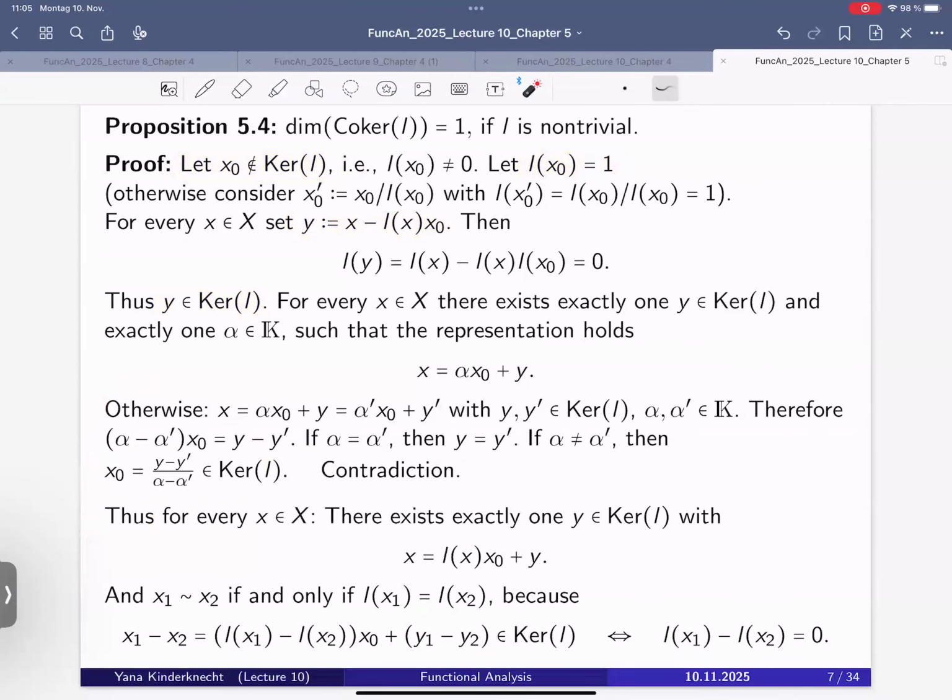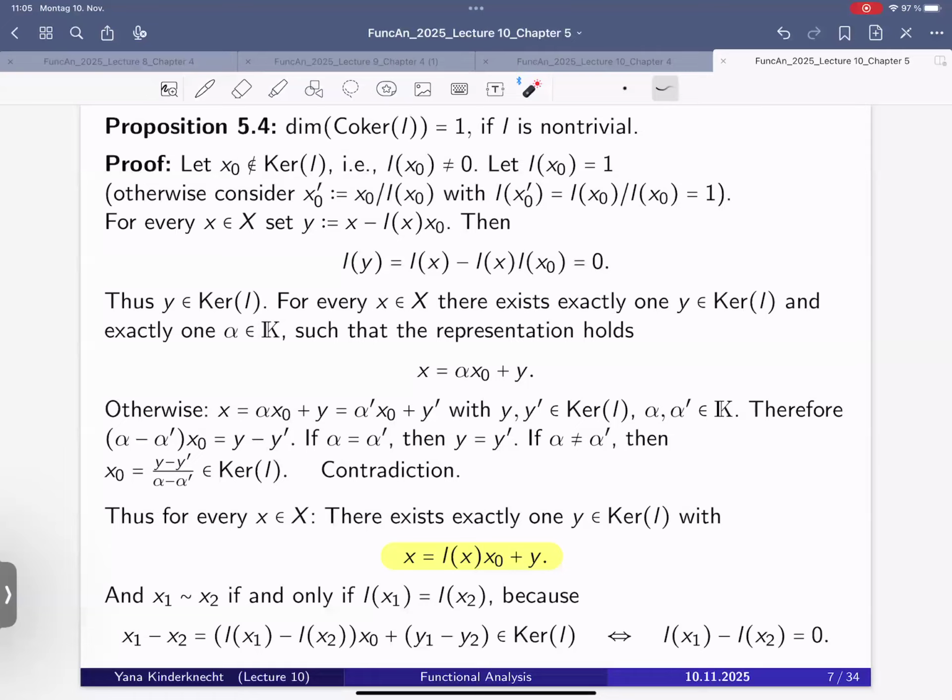So we are here. So what we have: for every x in our X, there exists exactly one y in the kernel of L such that x has the following representation. This is what we have already obtained here, but now we have also shown that this is a unique representation.